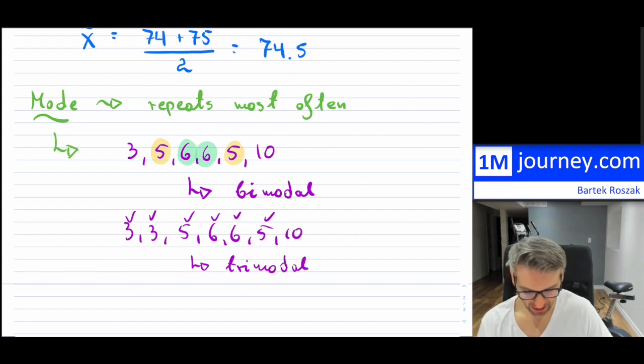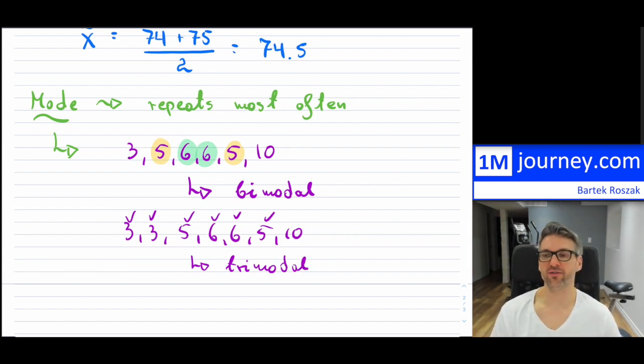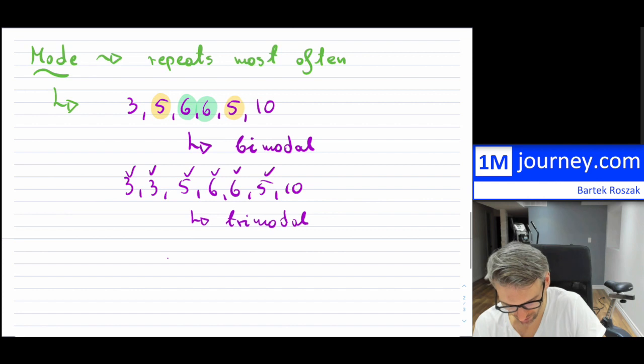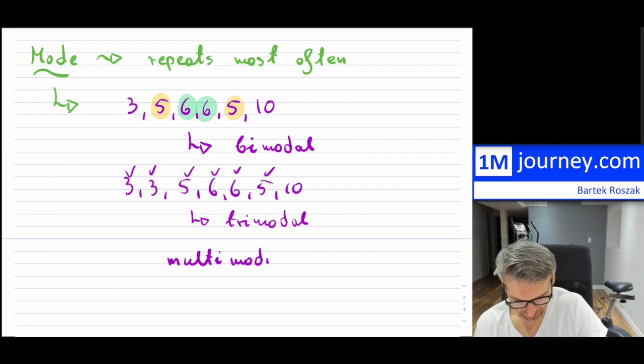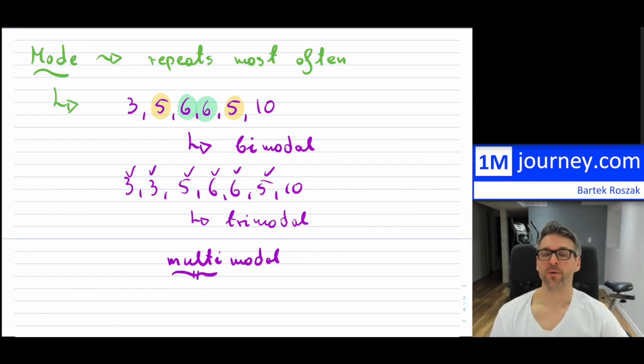Technically, if your modes are repeating more than that, you're not going to say quad, because quad means 4. You can continue on, but typically if it repeats more than that, you'll just say multimodal, and the word multi means that it has multiple modes.